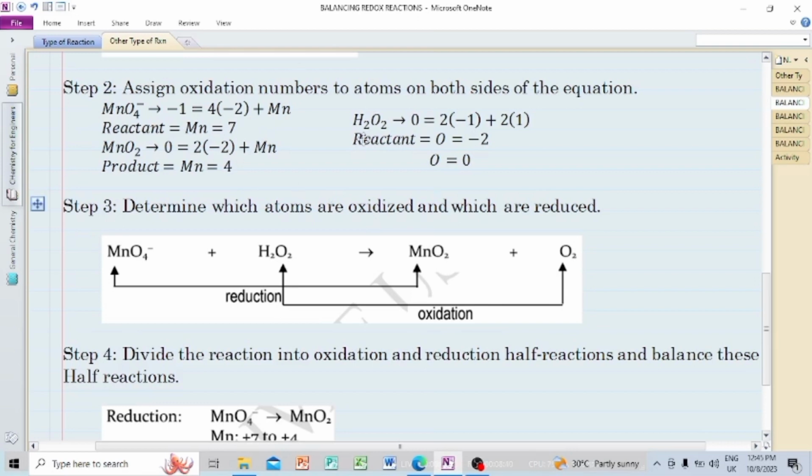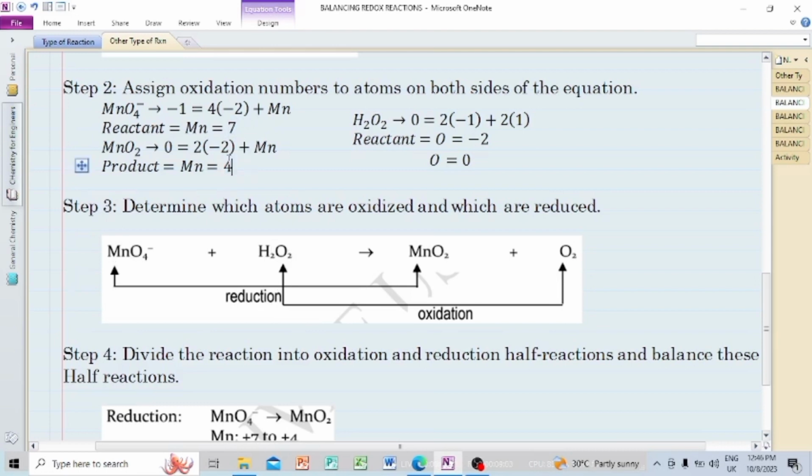Let's see for our MnO4 and MnO2. Our oxidation number goes from 7 to 4. So, this is reduction since the oxidation state decreased from 7 to 4. So, our MnO4 is the reduction.